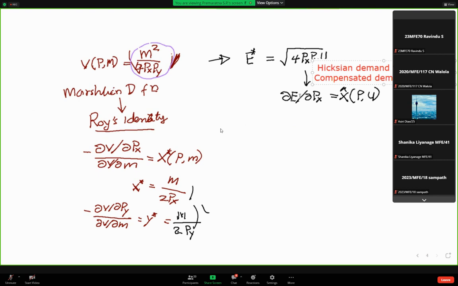Now this is the Hicksian demand function for x.